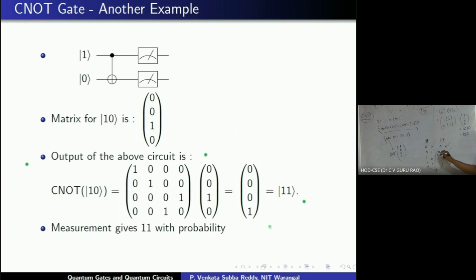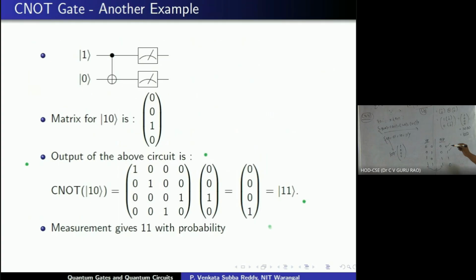When the first one is 0, nothing, the same thing is written. Is it okay? So if the first element in the input is 1, the second element is inverted. Otherwise, the same input is given as output. Is it okay? 0 0, what is output? 0 0. 0 1, 0 1. 1 0, 1 1. 1 1, 1 0.